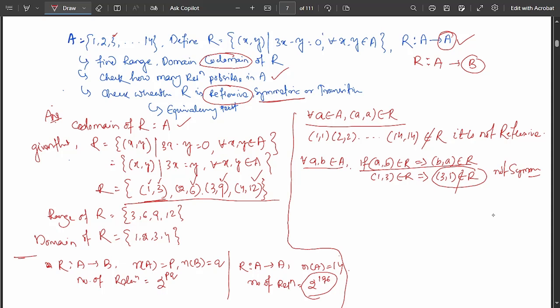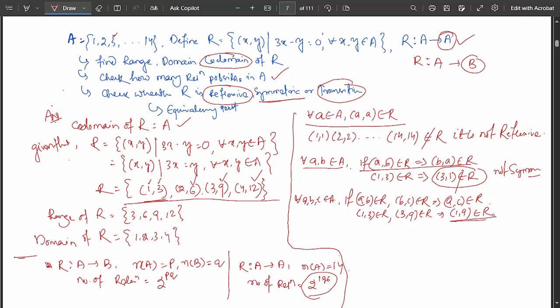And similarly, what is transitivity? Transitivity states that for all a, b, c belongs to A, if (a, b) belongs to R and (b, c) belongs to R, implies (a, c) belongs to R. It is also clearly seen here that (1, 3) belongs to R, and (3, 9) also belongs to R. But this should imply (1, 9) also belongs to R, which is not satisfied here.